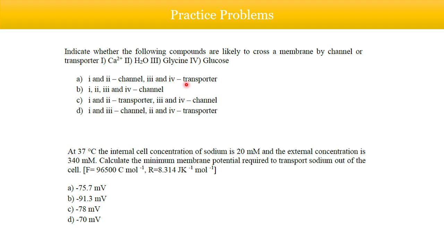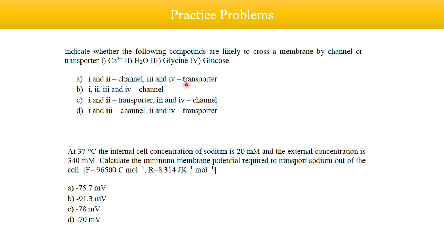The polar molecules here are what? You have the ions, you have water. So 1 and 2, that is calcium and water, will pass through the channel. And glycine and glucose will pass through the transporter. So option E.